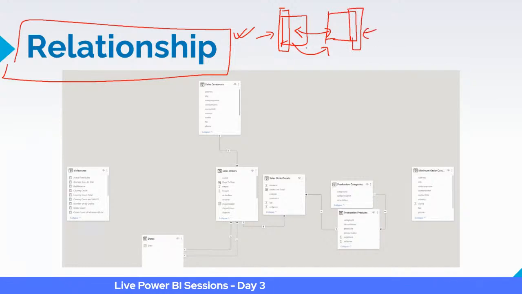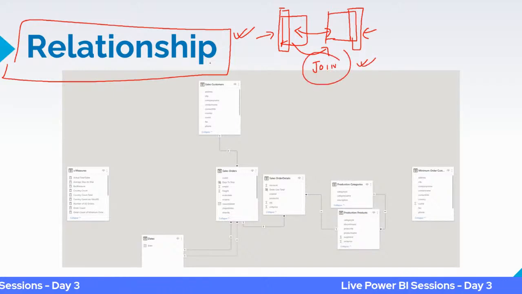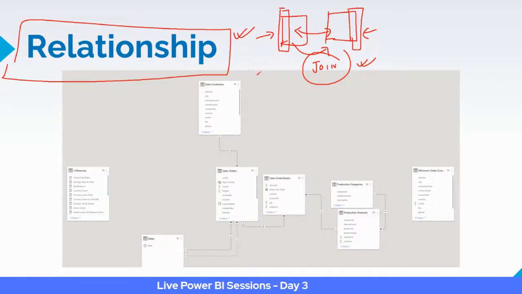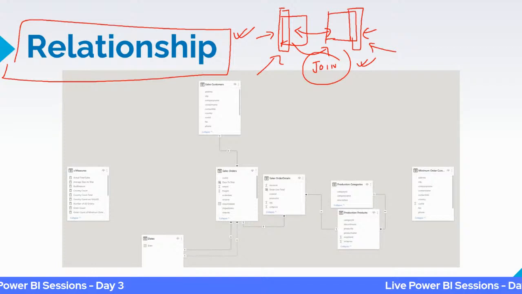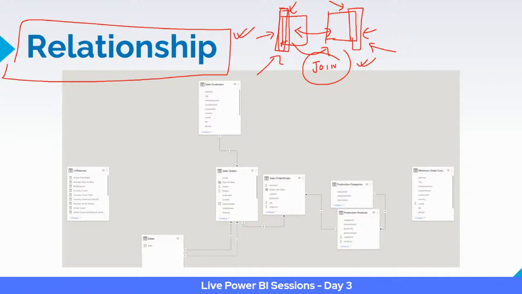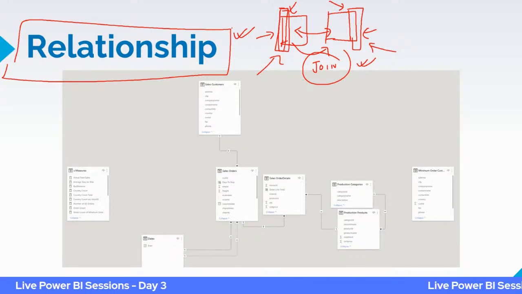In that case, you can easily join and combine the results, right? Automatically, if Power BI sees a column like customer ID, which is a primary key here, and is kind of a foreign key here, automatically Power BI will create relationships.